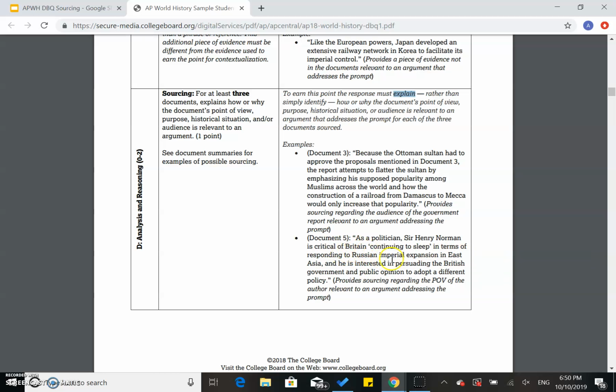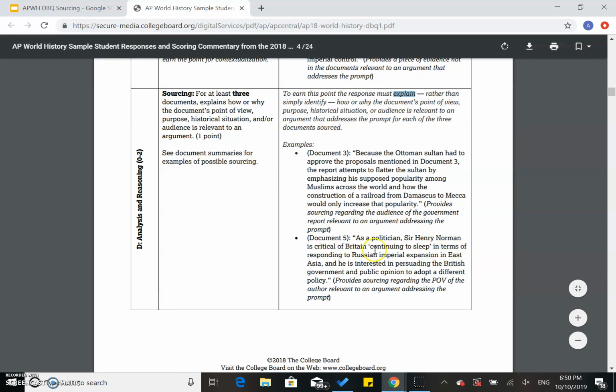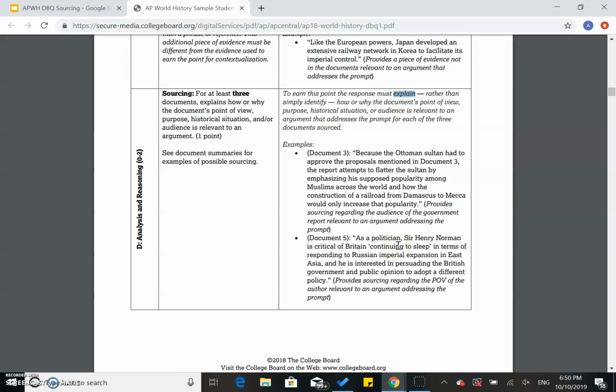See, they're analyzing, they're elaborating, they're basically explaining how Sir Henry Norman, his background, his point of view, how it relates to the topic. Okay, instead of just saying, so Sir Henry Norman is a politician. See, that's what you're trying to avoid.